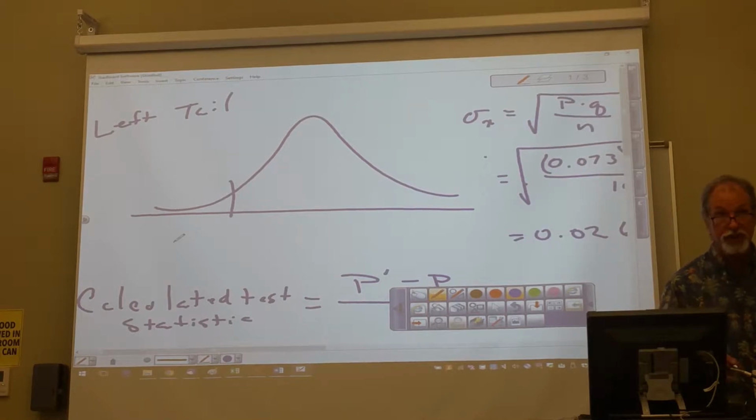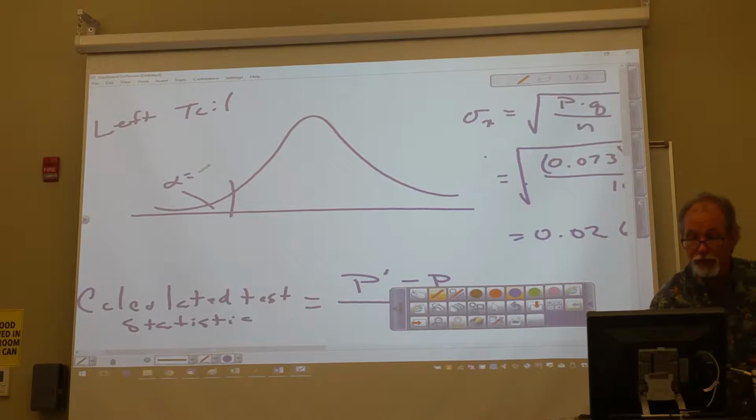What value goes here? Well, what's in my tail? The 0.05. What is that from? Alpha. There's my alpha, 0.05.